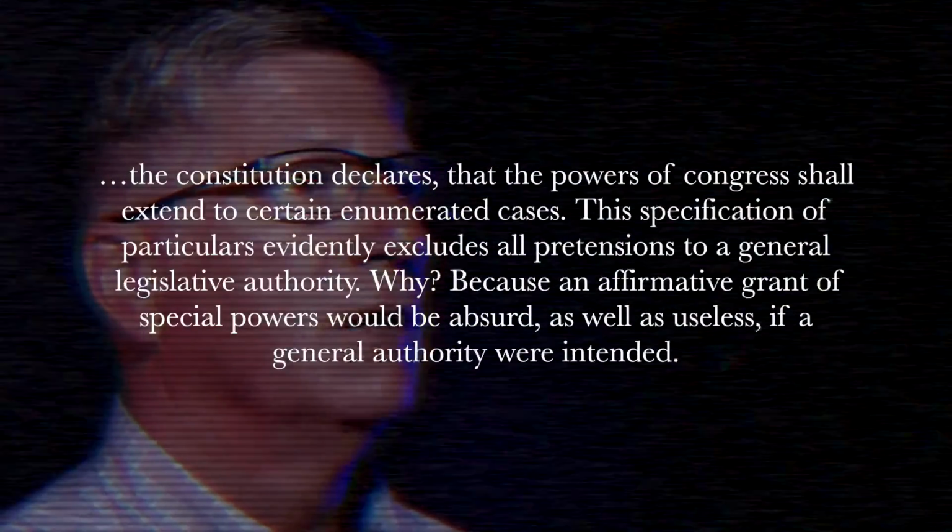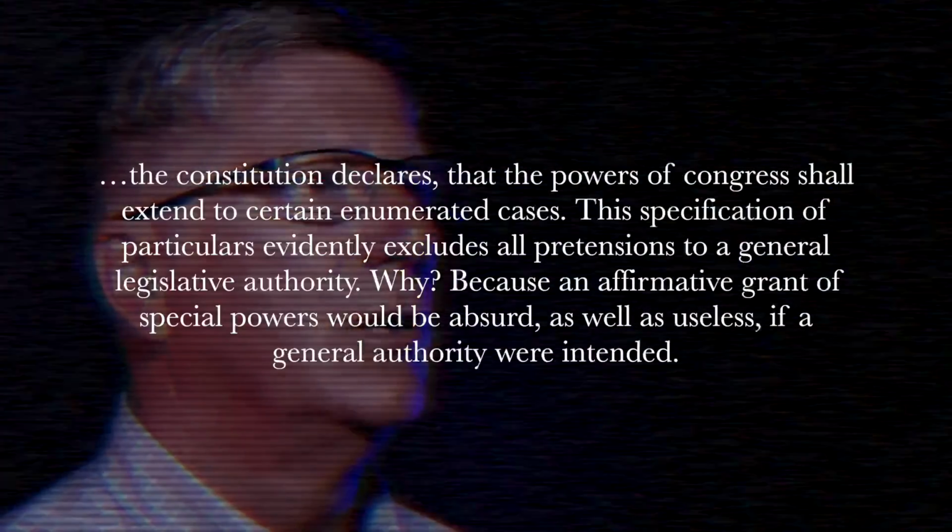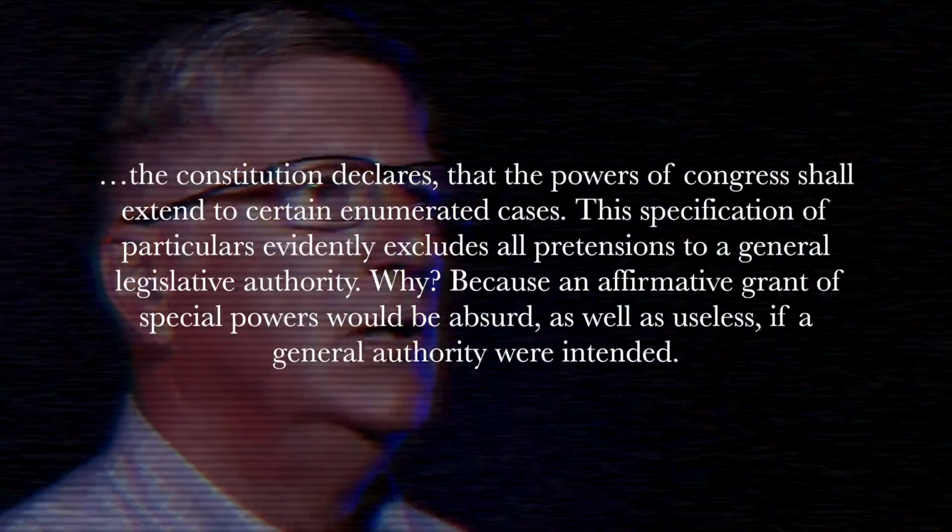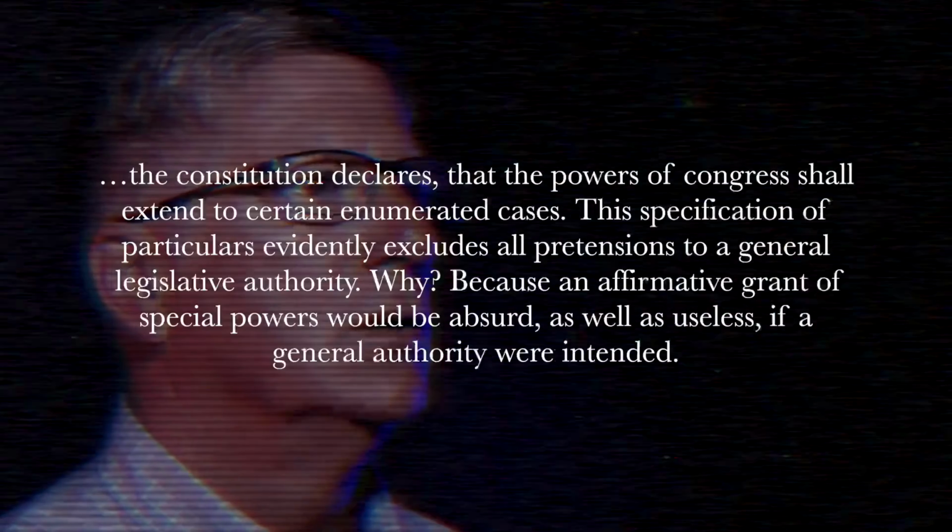Because an affirmative grant of special powers would be absurd as well as useless if a general authority were intended." You can see by these words that that introductory paragraph was meant as just that, an introduction and not specific authorization. The specific authorizations are listed in the following paragraph, each starting with the word "to." And any other interpretation is an abuse of power and a violation of our Constitution.